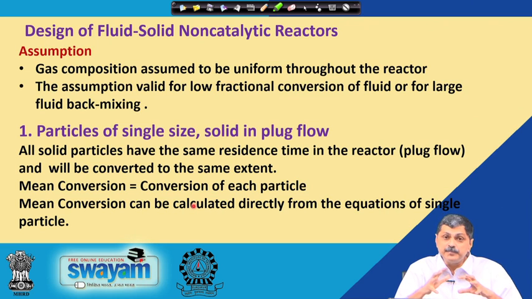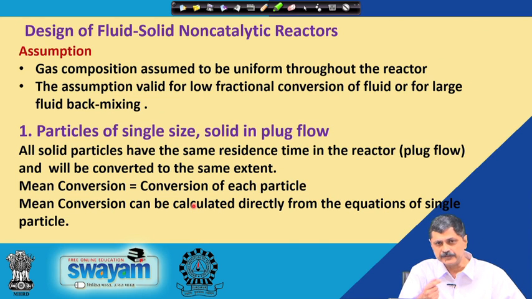That means the mean conversion of all the particles leaving the reactor will be equal to the conversion of each individual particle. So, we go back to the single particle reaction behavior, we have derived the equations and we calculate the mean conversion using the single particle reaction behavior, and that will be our mean conversion for the reactor.